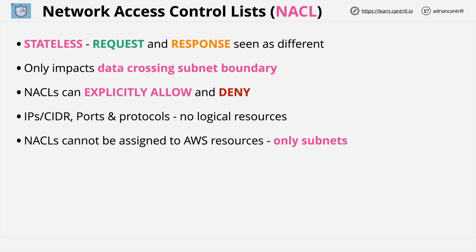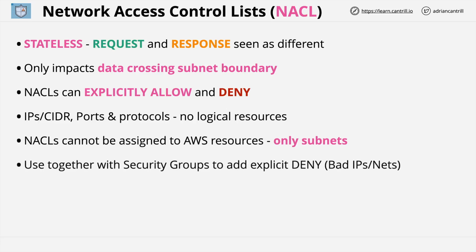Now, NACLs are very often used together with security groups, as I've just mentioned, to add the capability to explicitly deny bad IPs or bad networks. So generally you would use security groups to allow traffic and you'd use NACLs to deny traffic, and I'll talk about exactly how this works in the next lesson.